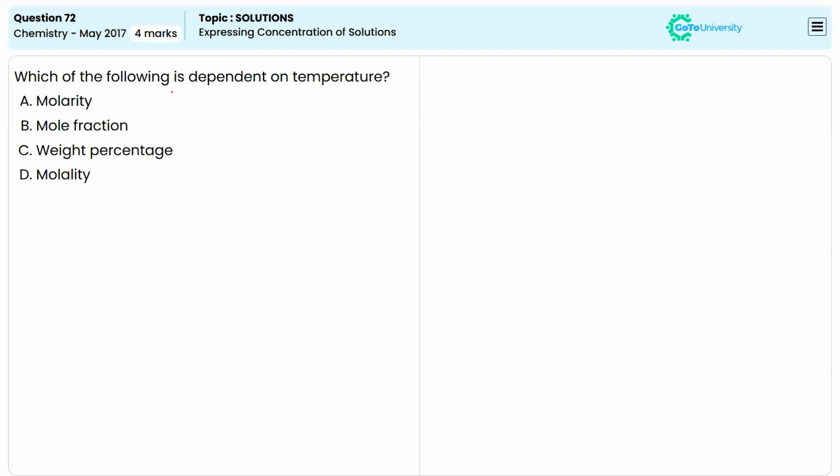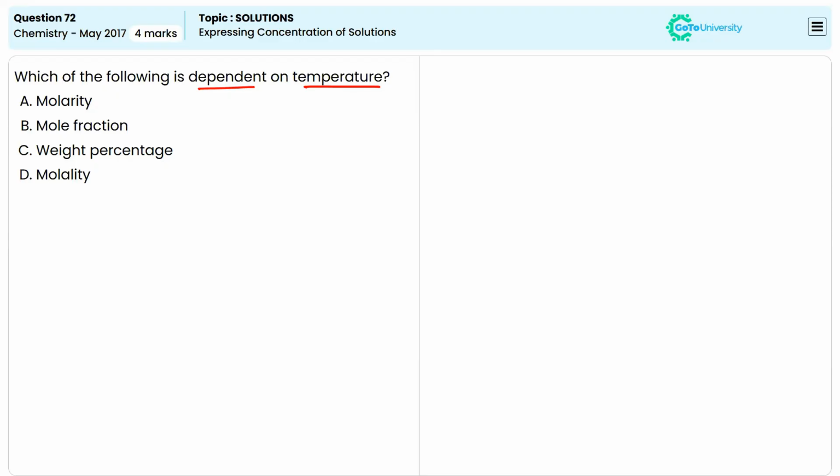Next question: which of the following depends on temperature? While discussing the important points from this chapter, I told you we have different methods to express concentrations: mass percentage, volume percentage, mass by volume percentage, and so on.